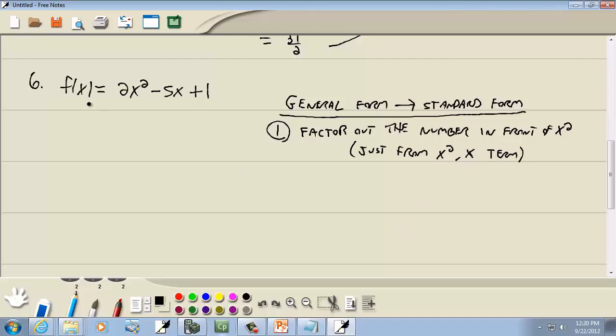So factor out the number in front of the x squared. In some problems you don't have to do this. So I'll factor out the 2. And this one's not going to come out pretty, it looks like. Like that. Then we want to complete the square inside the parentheses.